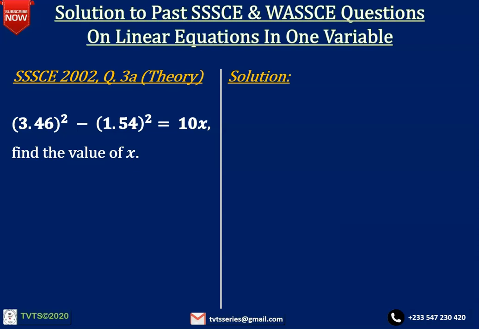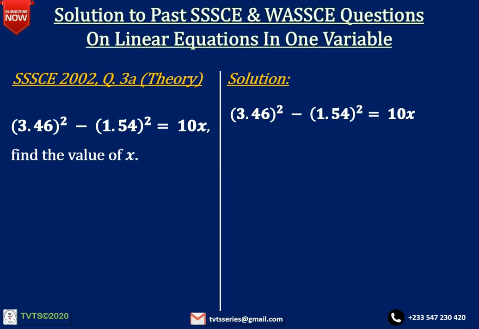We are given the equation 3.46 squared minus 1.54 squared is equal to 10x. Again, we will apply the difference of two squares to answer this question. So we have (3.46 minus 1.54) times (3.46 plus 1.54) is equal to 10x.